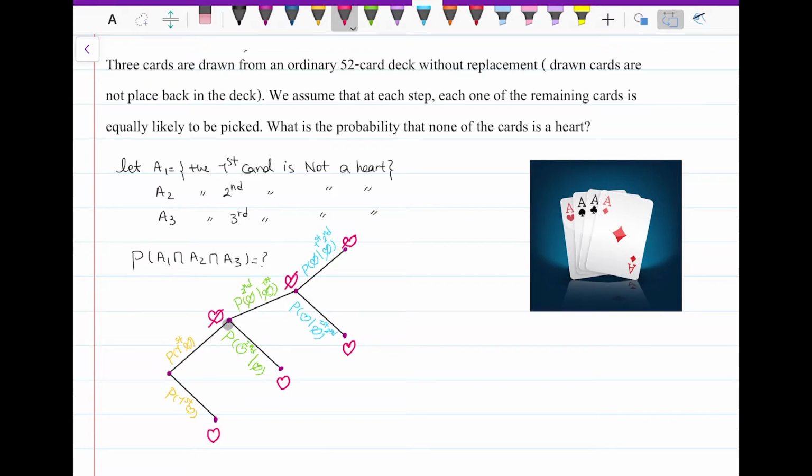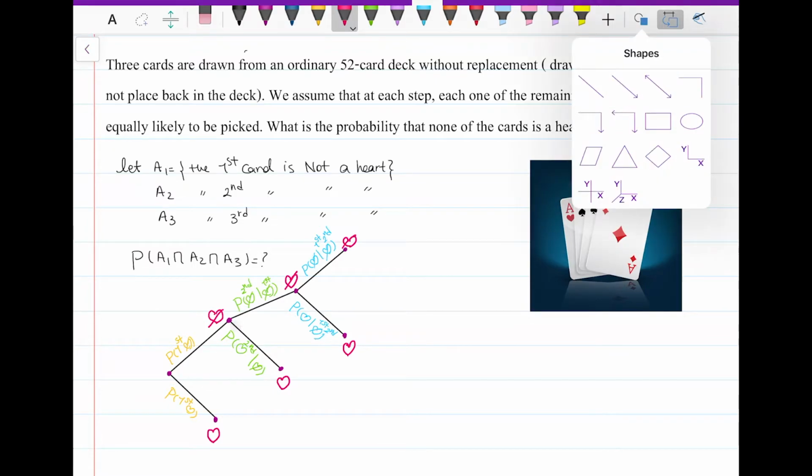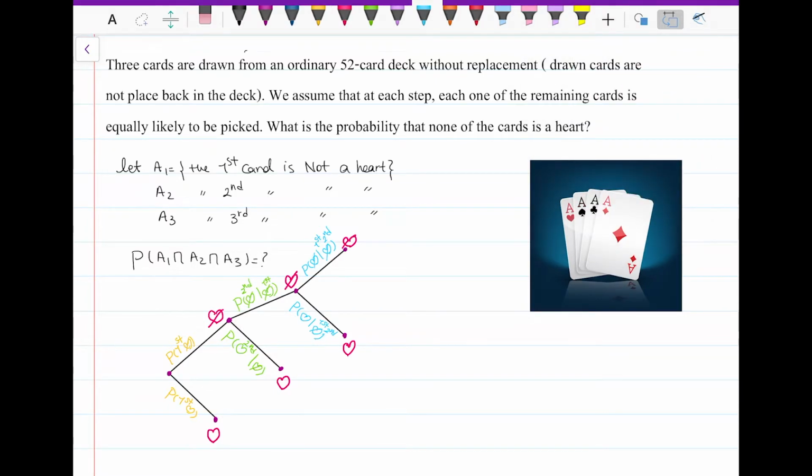The first card can be something else, not a heart, or it can be a heart. What is the probability that the first card is not a heart? So for that, I'm gonna graph a table. When the first card is not a heart, how many cards do we have at the beginning? We have 52 cards, and the first one is something else. It can be a club, diamond, or a spade.